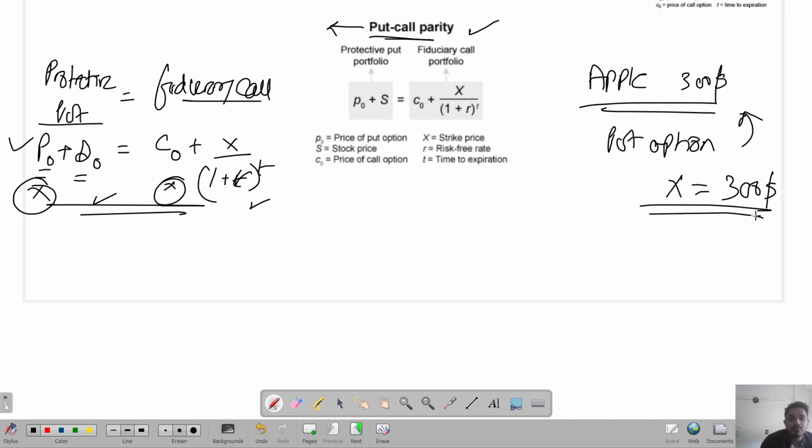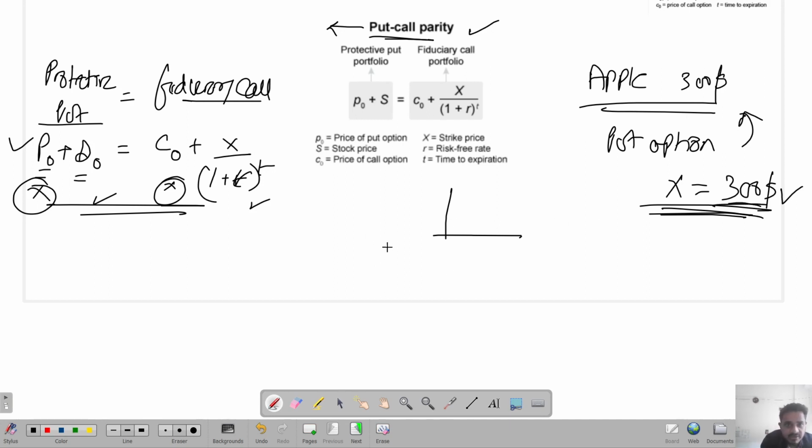When do you buy a put option? When you have a bearish view. So even if the market falls, you will still be hedged. You will still make 300.